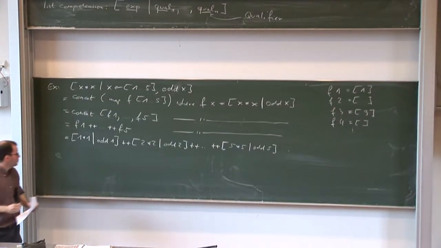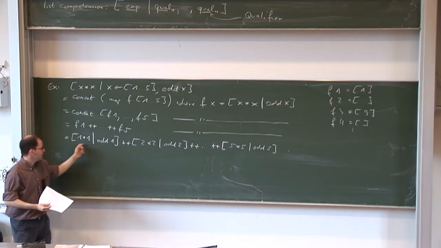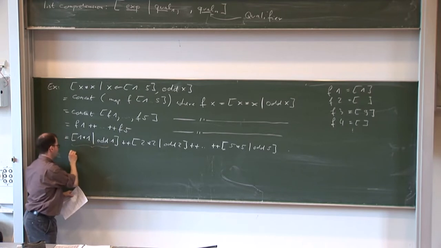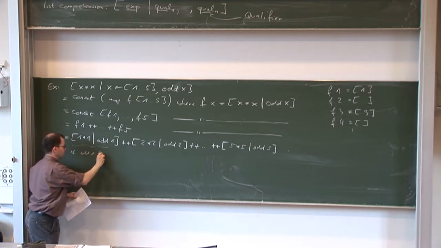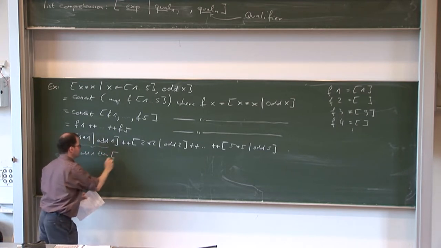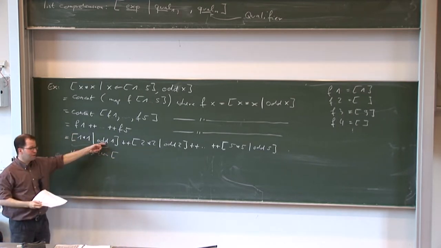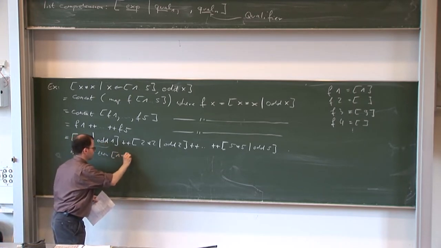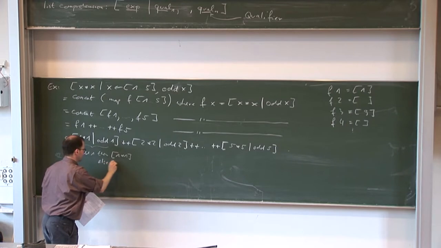So in our example, this means this here is a shorthand for the following expression. It stands for if the guard is true, then the result is the list comprehension without this generator, so it's just 1 times 1, and else it's the empty list.